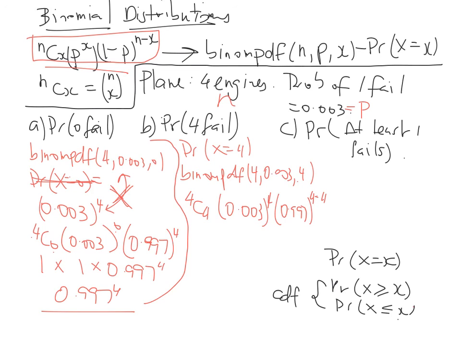So over here, 4C4 is 1 times 0.003 to the power of 4, times 0.997 to the power of 0, and we end up with 0.003 to the power of 4 as our answer.